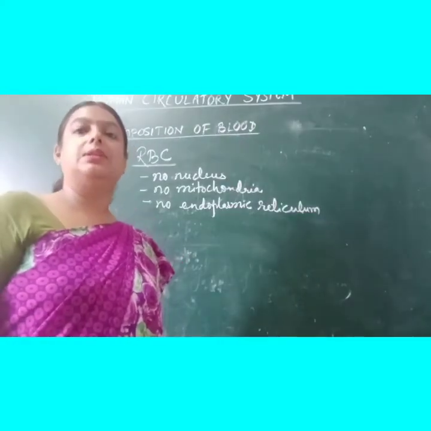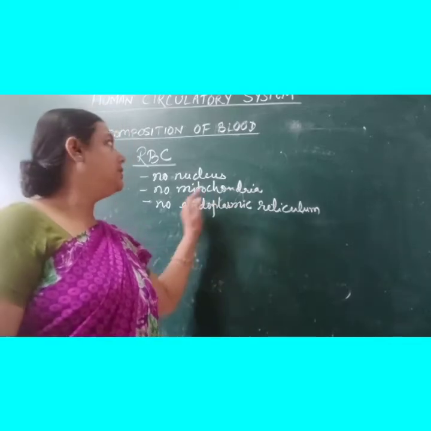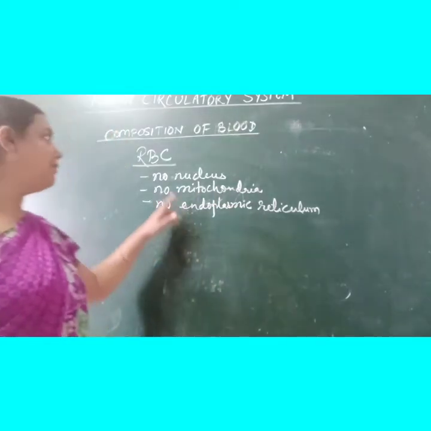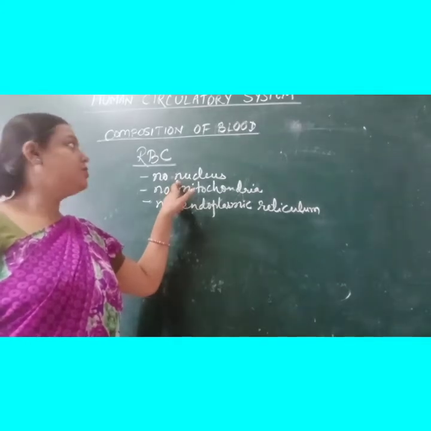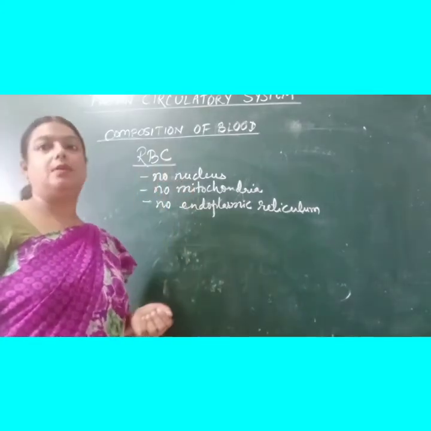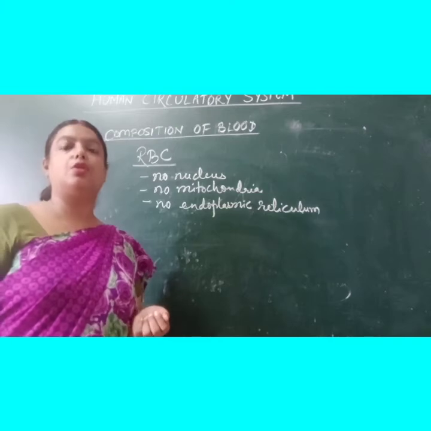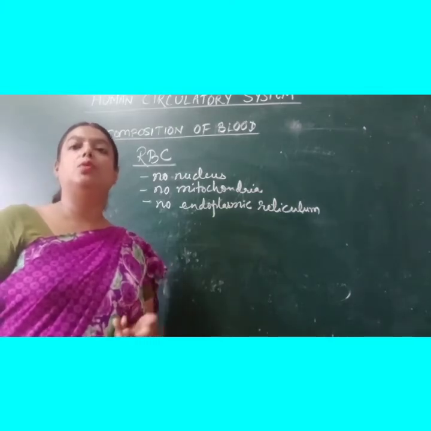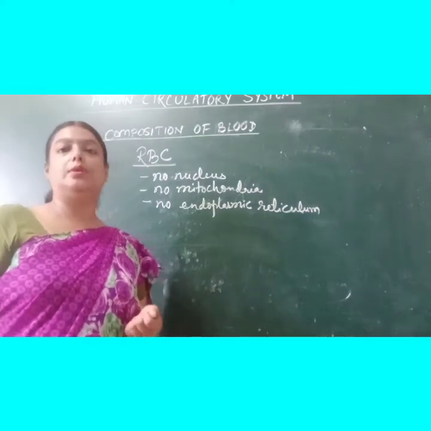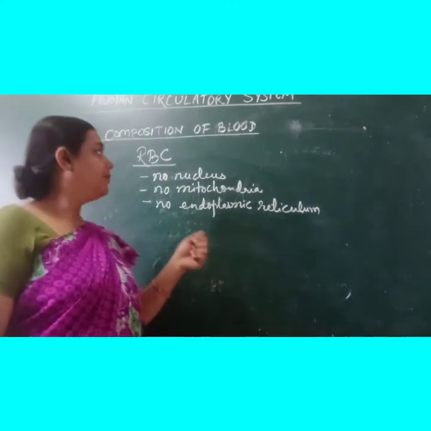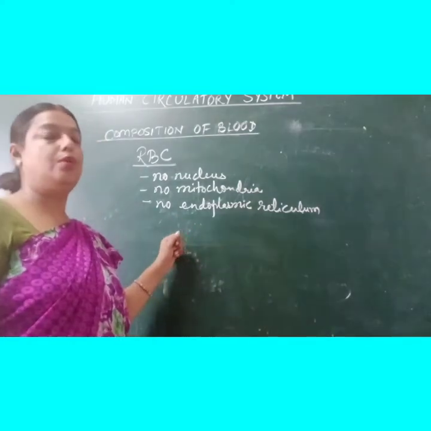Students, let's see some other important features of RBC. Mature RBCs don't have a nucleus, and in the absence of a nucleus, they have more surface area to accommodate more and more hemoglobin, so that a large number of oxygen molecules can be attached to form oxyhemoglobin.